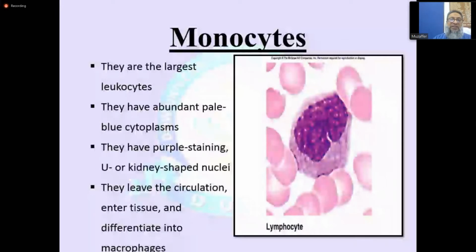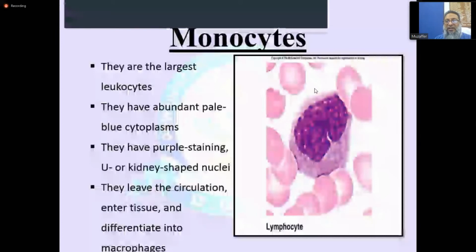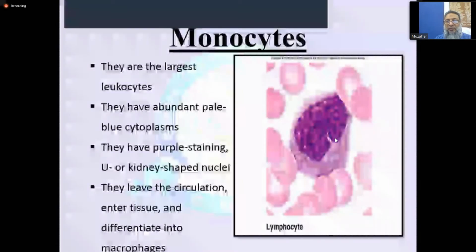And monocytes are the largest leukocytes of all. You can see their nucleus here. It is kidney shaped, occupying almost the cytoplasm, and sometimes it looks like a U shape if you look in this direction. So they are very typical.